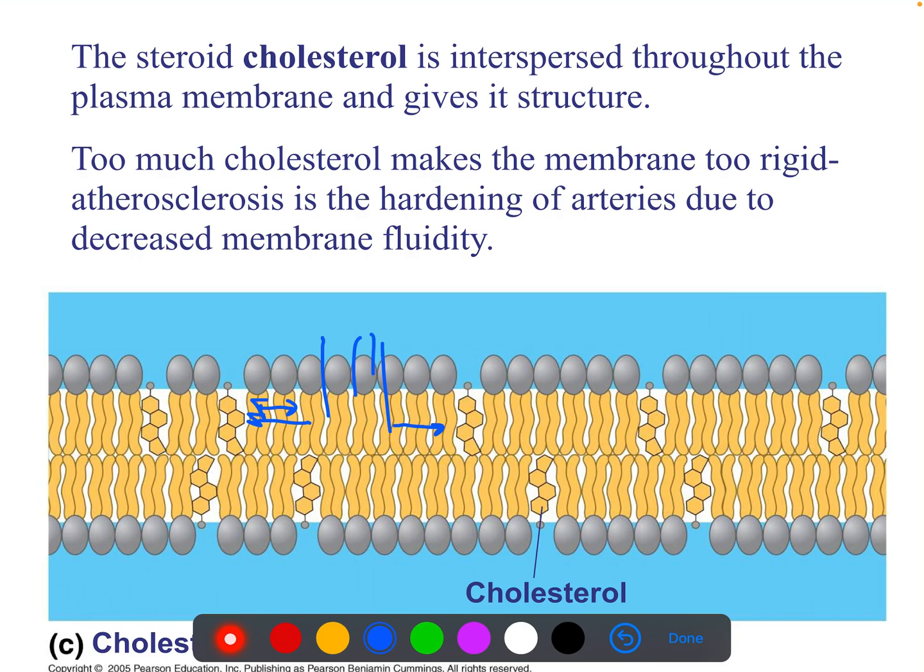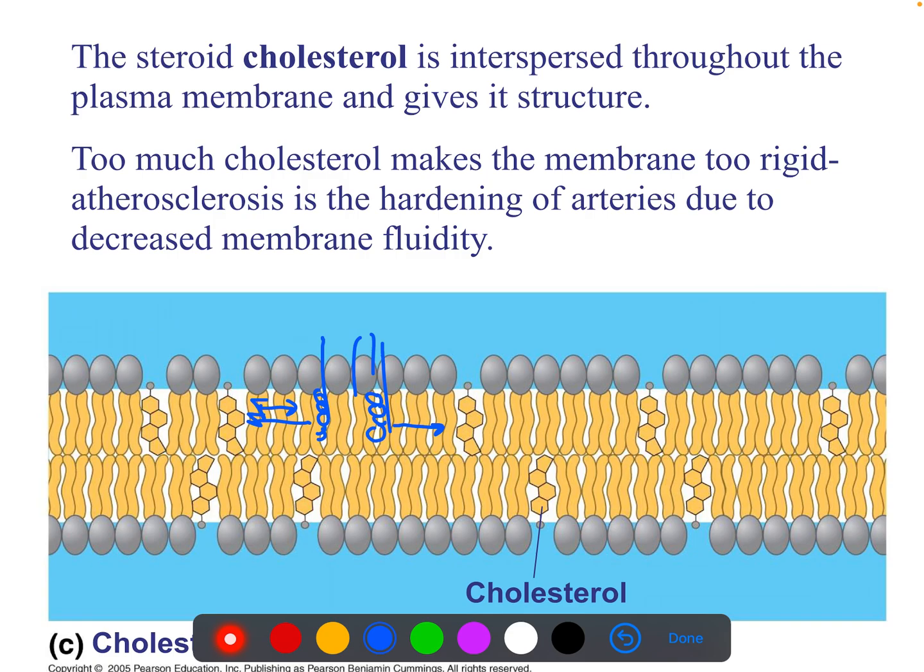But we don't want too much cholesterol in there either, because if we had a lot more cholesterol interspersed between these phospholipids, then it would be really hard for things to pass through that lipid bilayer.